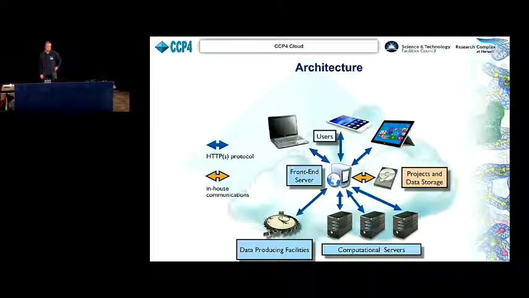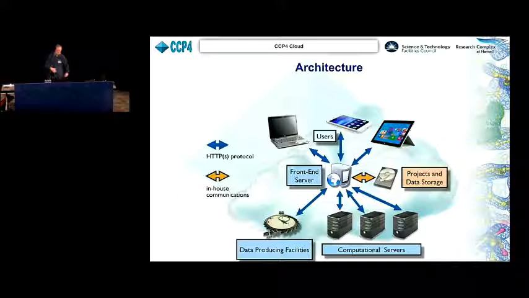So the architecture of CCP4 Cloud is a constellation of servers. There is a front-end server which is run on the server or locally, and there are a number of computational servers.